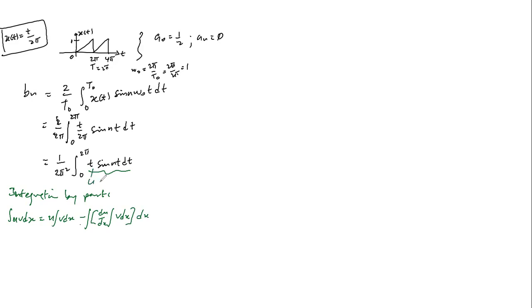So here this is u and then this is v. So integral t sine nt dt is the same as u, t, integral sine nt dt. If u is t, du is dt.